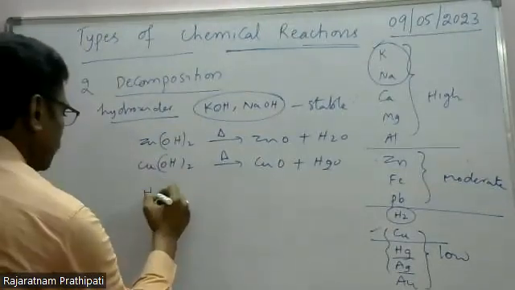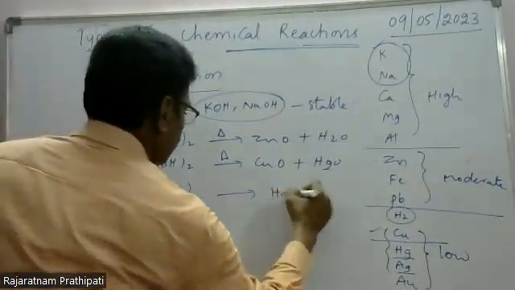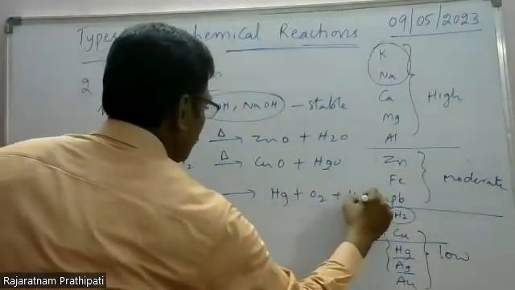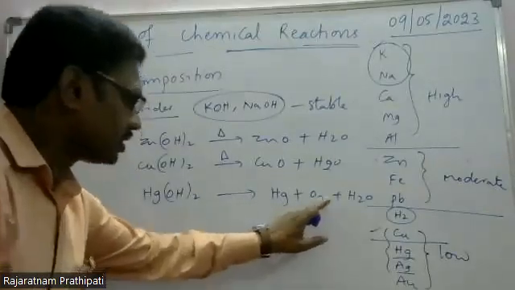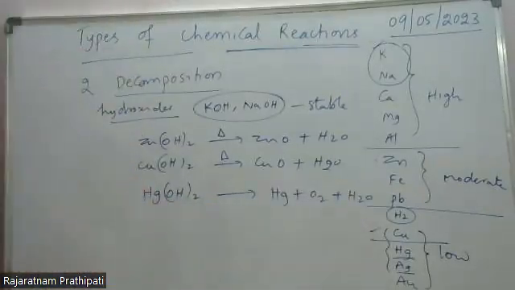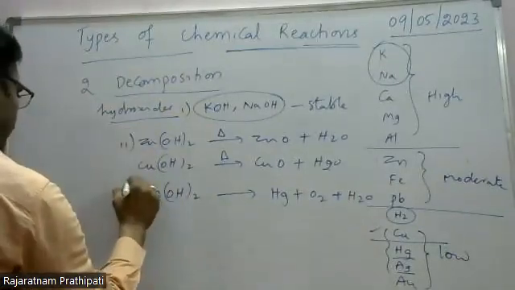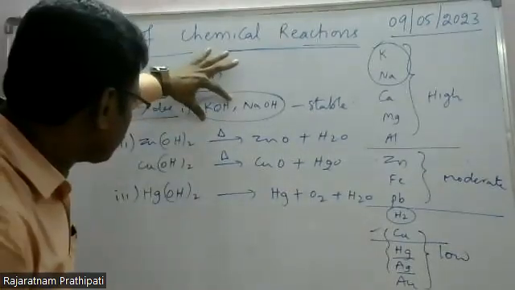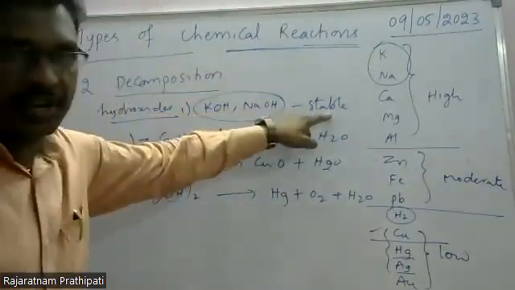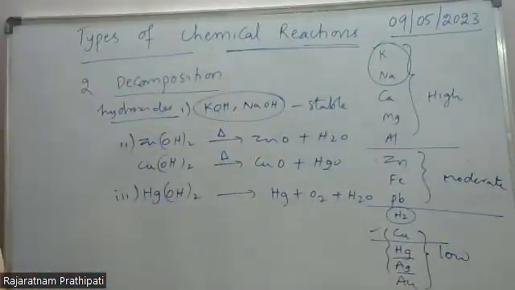If you observe mercuric hydroxide, it decomposes into metal plus oxygen plus water. Look at this: here are three different types of decomposition. Very important. Potassium and sodium hydroxides are stable to heat and do not undergo decomposition.